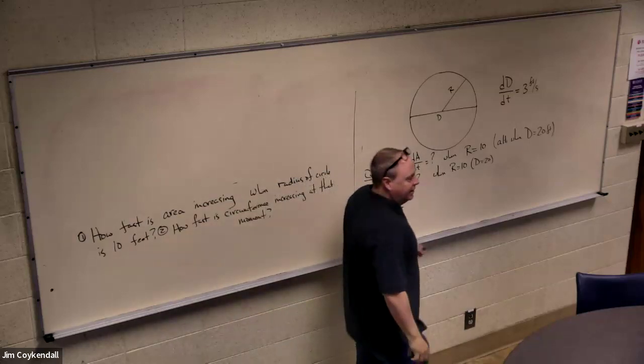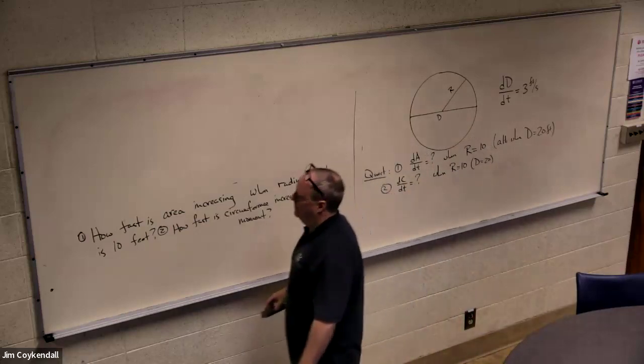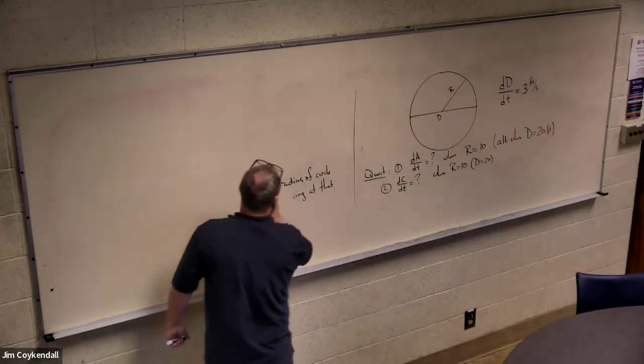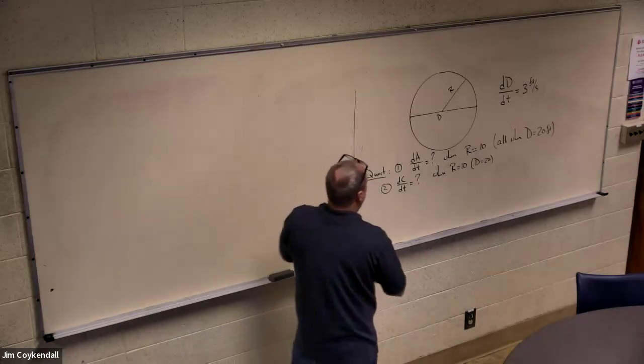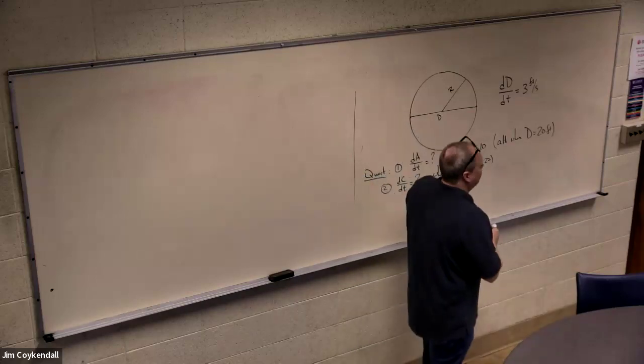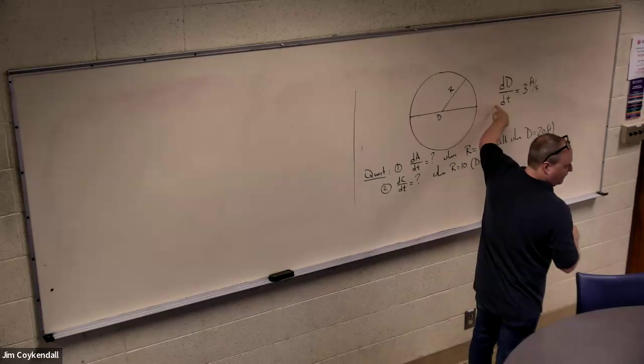I know the dD/dt, but I need a formula, maybe for A in terms of D. By the way, let me ask you this. If the dD/dt is 3 feet per second, what's the dr/dt?